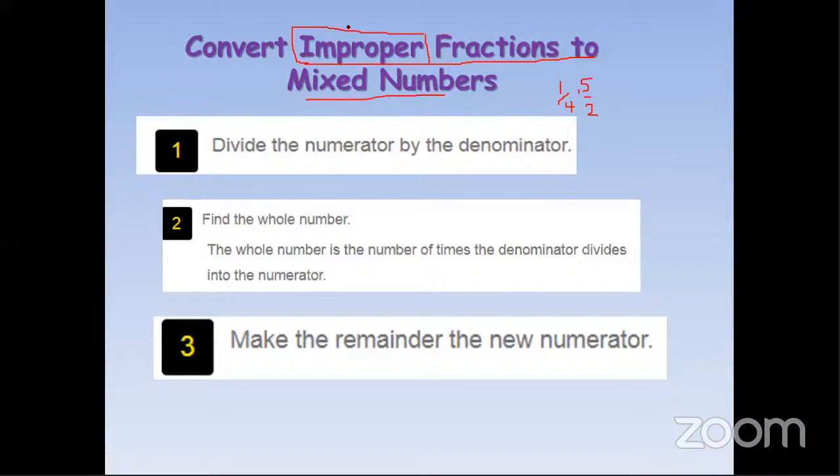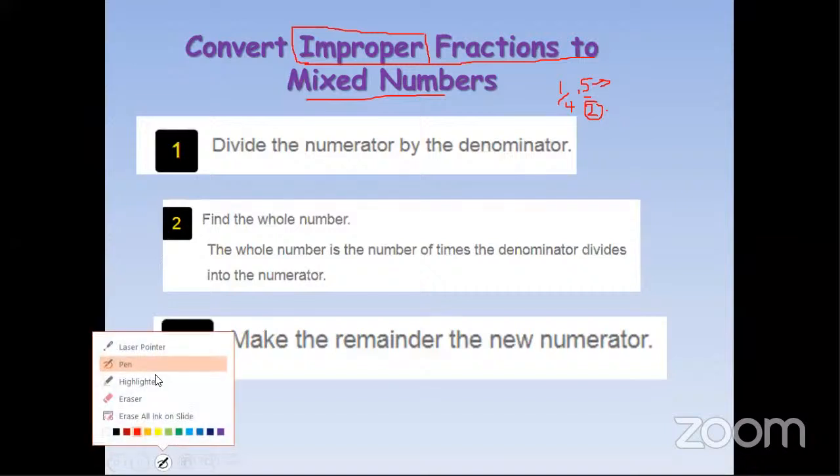Now, members, we say that an improper fraction has a big numerator. The numerator is bigger than the denominator. The value that is below is far smaller than the one above. So this 5 out of 2 is an improper fraction.